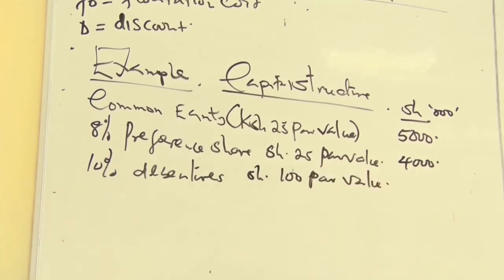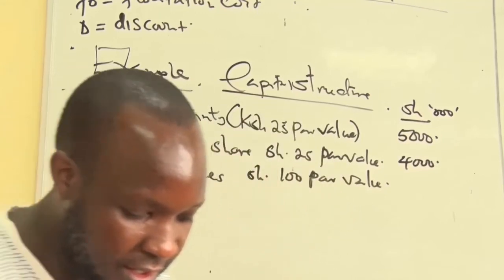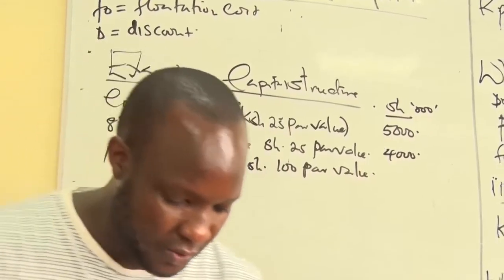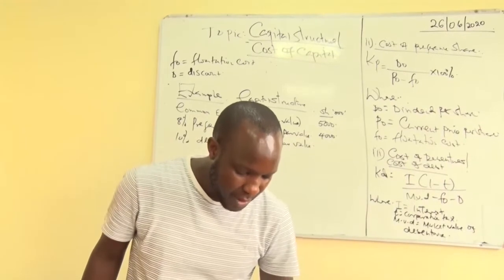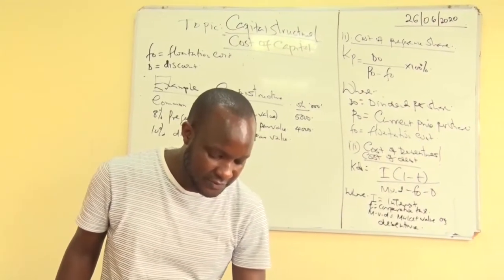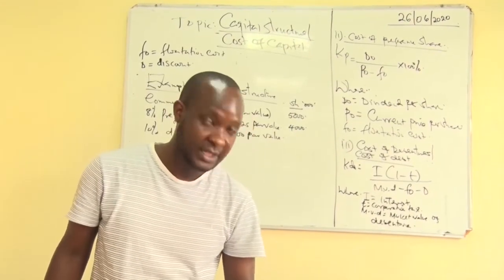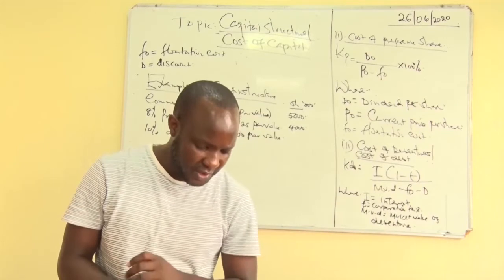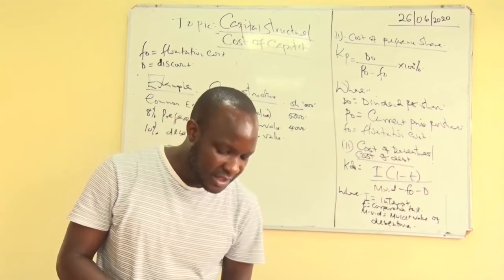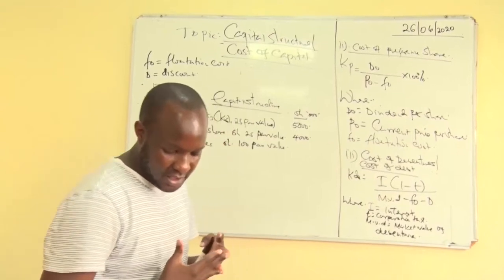Then the question proceeds again. The current market value per ordinary share, preference share, and long-term debt is shillings 15, 29, and 110 respectively. So the question is giving us the current price per ordinary share.